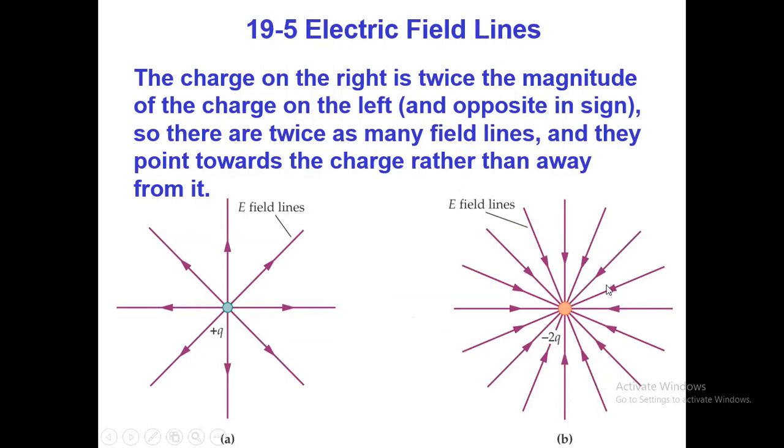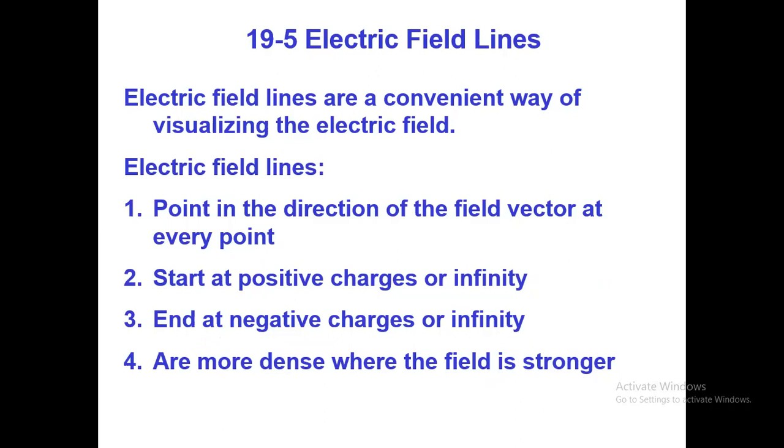So first, before we understand the concept of these fields: the lines start at positive charge or infinity, because the lines of forces are emitting from a particular static charge, which is placed and not moving with some kind of velocity.